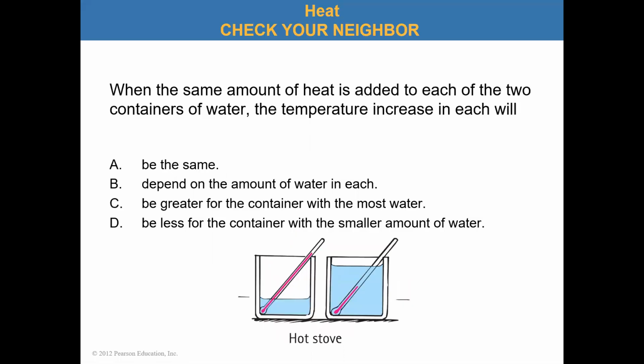So let's check. The question says, when the same amount of heat is added to each of the 2 containers of water, the temperature increase in each will be A, B, C, or D. Nick.